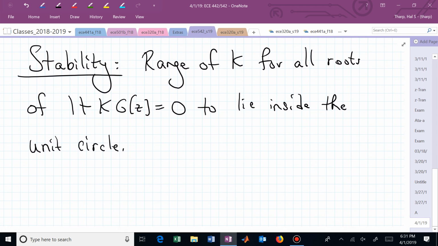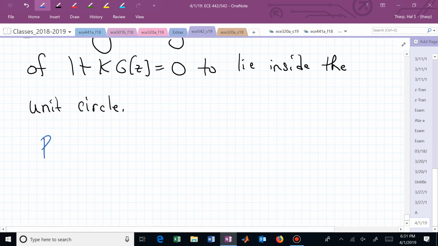And we can do that by simply sketching the root locus. Here's what we'll do. The root locus of g of z is in fact determined by that equation, 1 plus k g of z equal to 0.